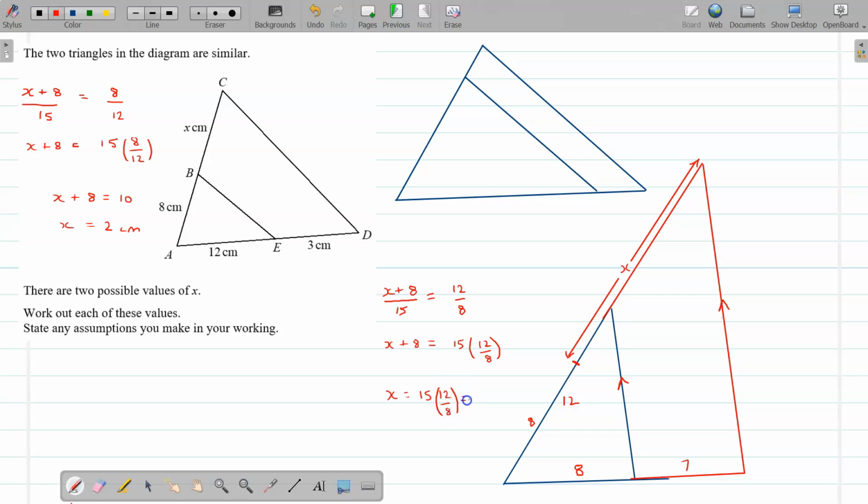Well, 15 times 12 over 8 is 1.5 times 15, which is 22.5, and I need to take away 8 from that. So it's 22.5 minus 8, which is 14.5 centimeters. And that's the correct answer.